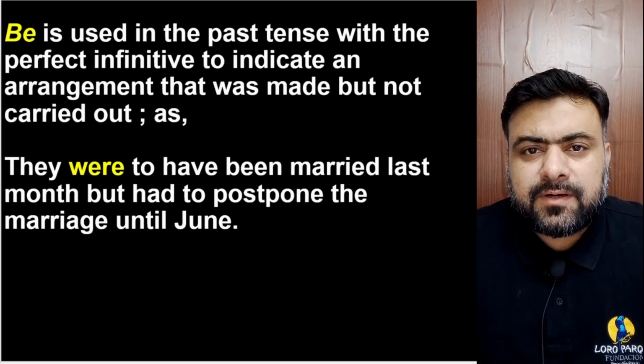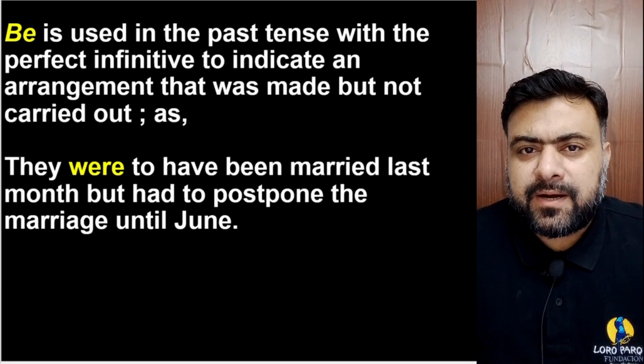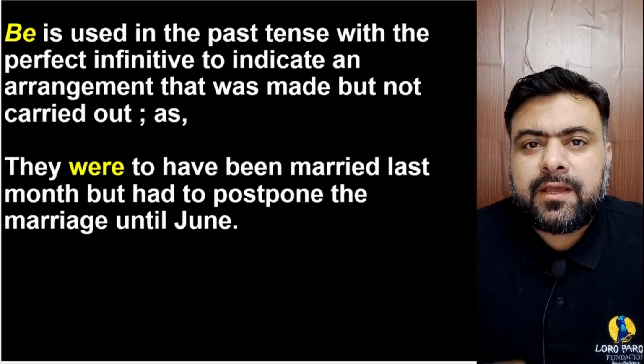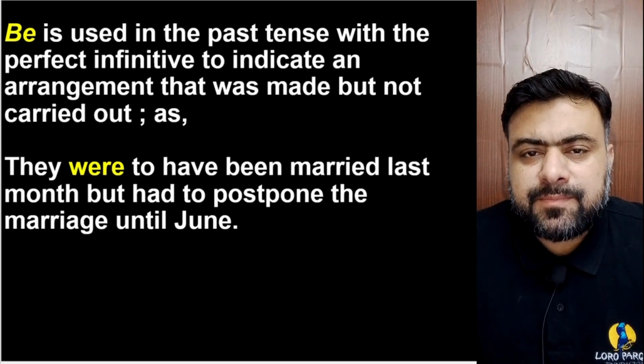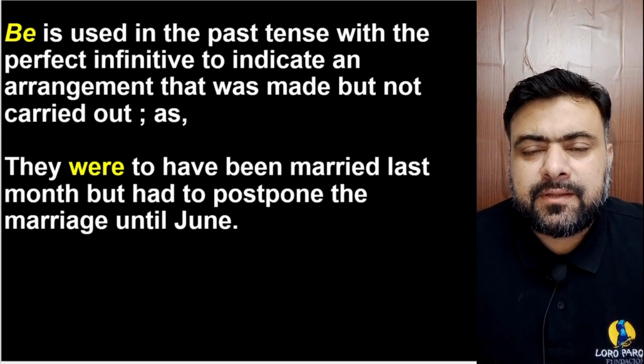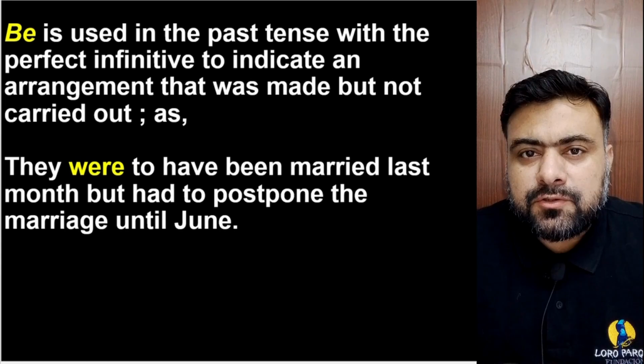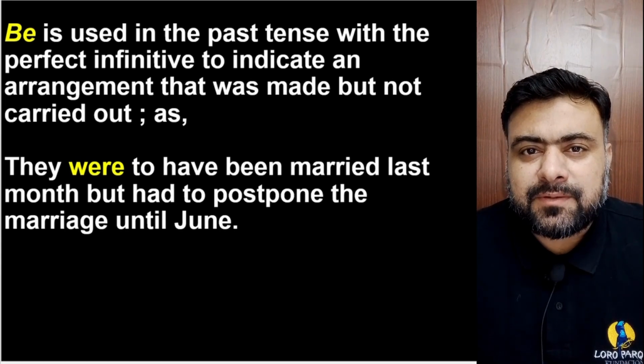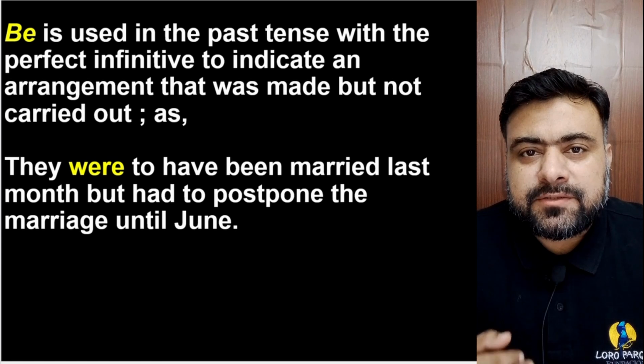When the auxiliary verb be is followed by a perfect infinitive, it shows an arrangement, a plan, an agreement that could not be carried out, that could not be fulfilled. For example, they were to have been married last month but had to postpone. Were, the auxiliary verb be.